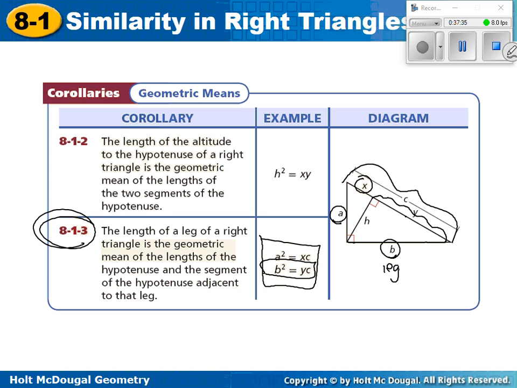Last shortcut I want to show you comes from comparing the red and the green triangles. So look at the red and the green triangles. Okay? Everybody's eyes up here. Don't tune me out. Don't zone off. Really important.